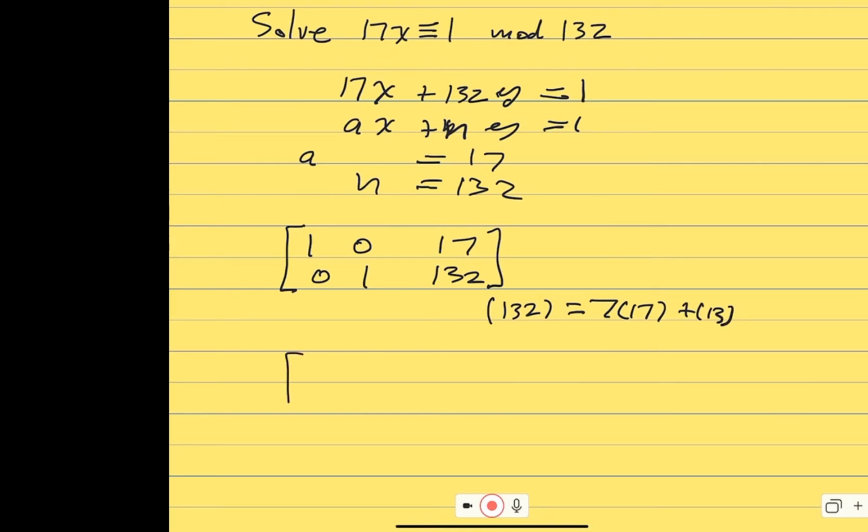So we get a new matrix. We're going to have the same first row. The second row is going to be minus 7 times the first row. So 1, 0, 17, and when I do that, I end up with minus 7, 1, and 13.